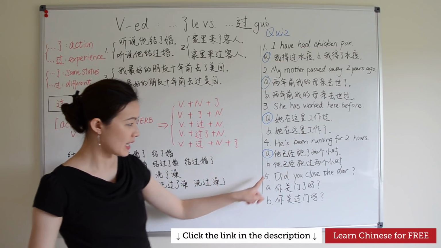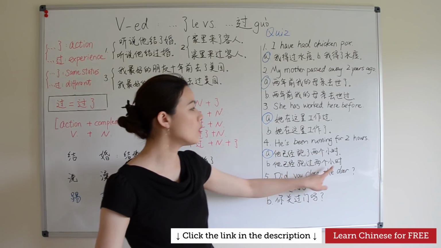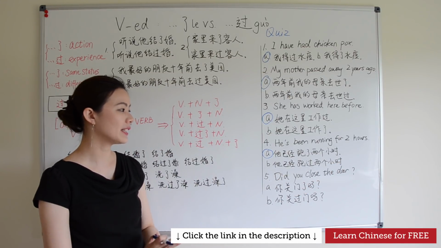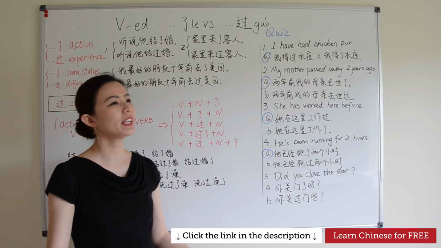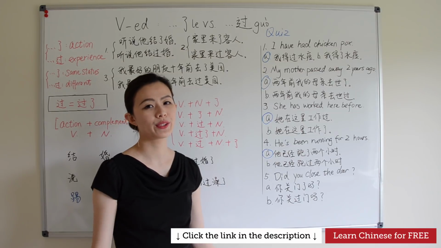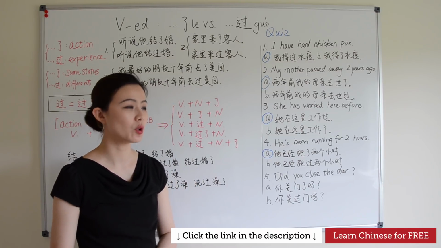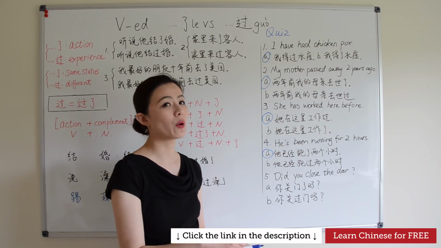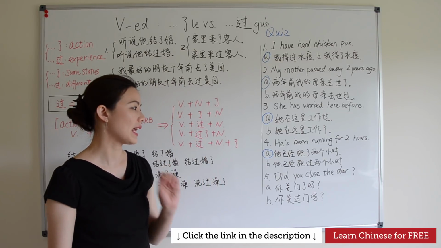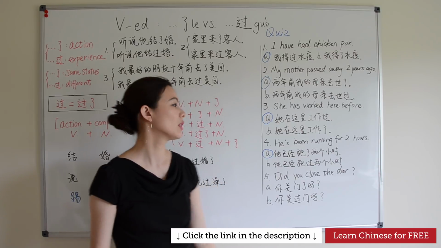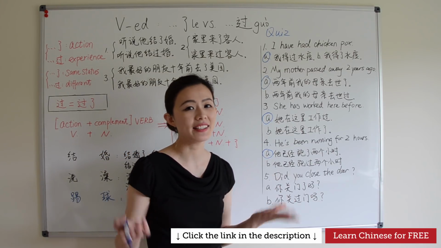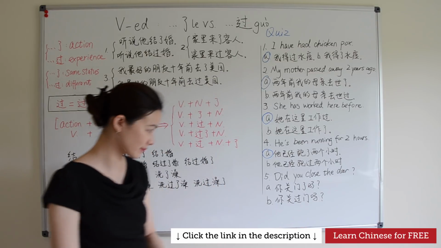But when you say 他已经跑过2个小时, you actually imply that sometime early in the day he ran for 2 hours. Now he's not running anymore, but he did 2 hours. Sometime early, you don't know when. So if you want to say he's been running for 2 hours, you can say 他已经跑了2个小时了. He's still running.